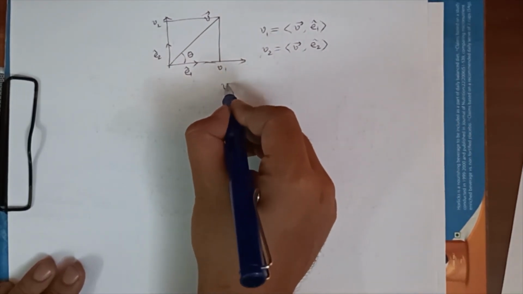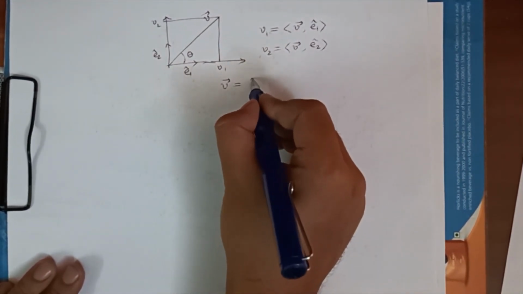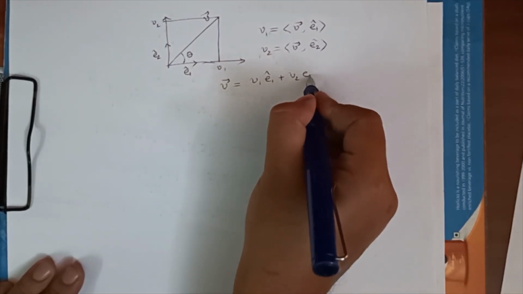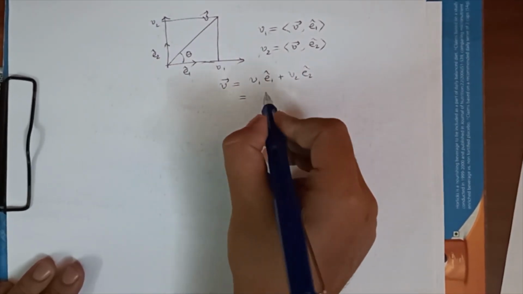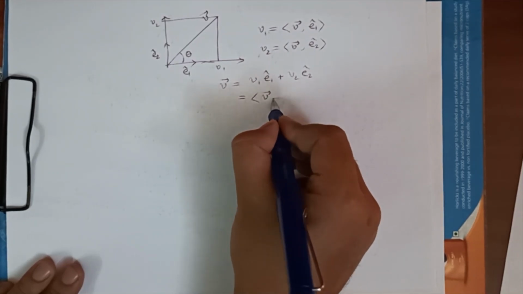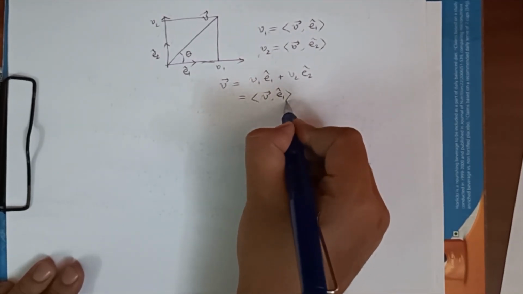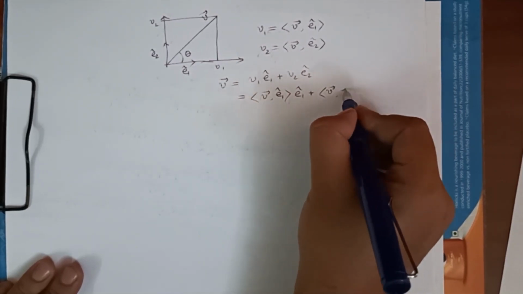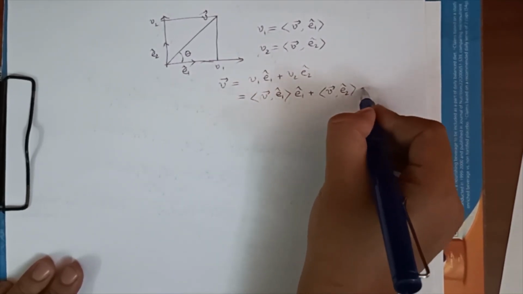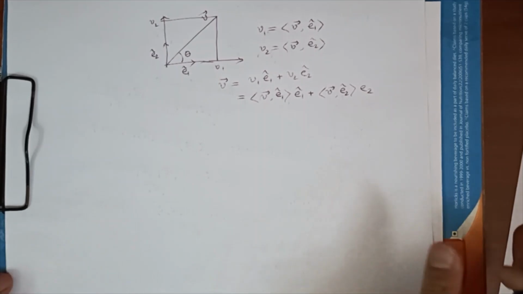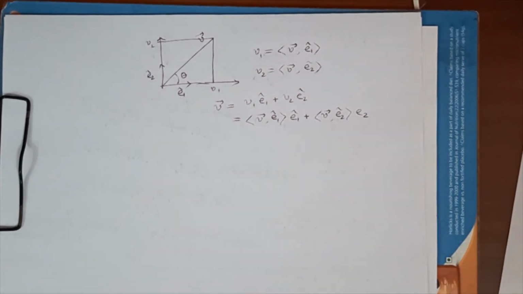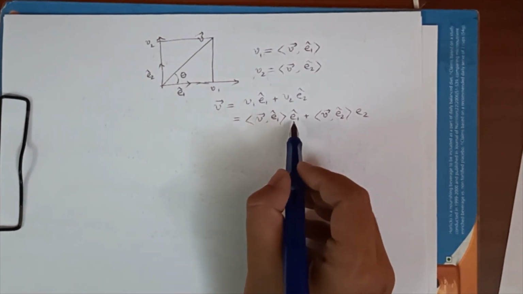Then we can write V as V1 E1 plus V2 E2, which can be written as V inner product with E1 plus V inner product of E2. So you see that this is the way the vector is written in terms of the unit vectors chosen.